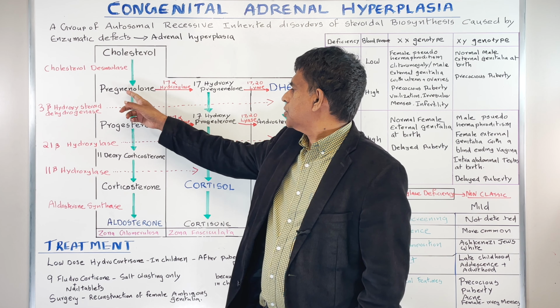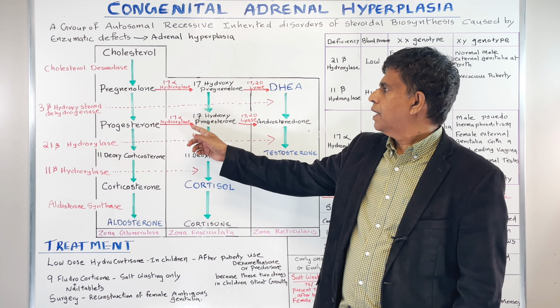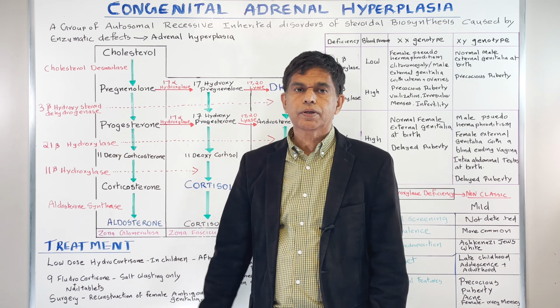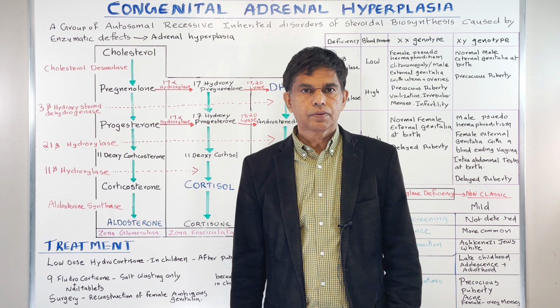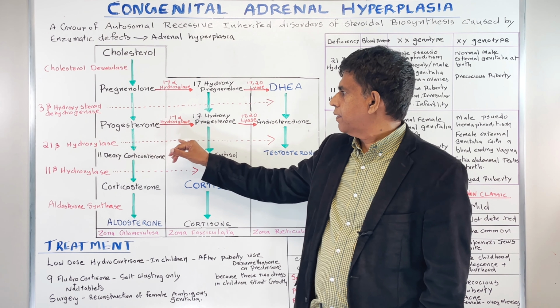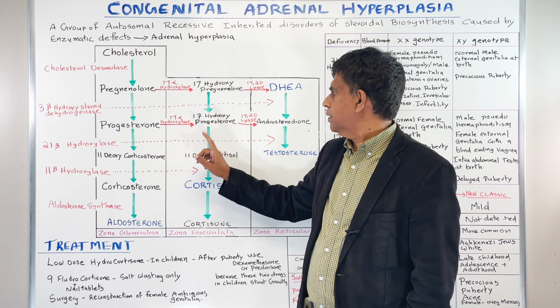Cholesterol, pregnenolone, progesterone, and that is also converted to 17-hydroxyprogesterone by 17-hydroxylase, and then 17-hydroxyprogesterone is converted to 11-deoxycortisol by 21-beta hydroxylase. Okay, that's a little bit confusing, but make sure you follow the arrow. 21-beta hydroxylase works here, and it also works there, and it also works here, three places. Okay, so we know how cortisol is produced.